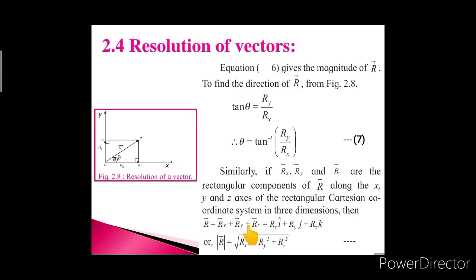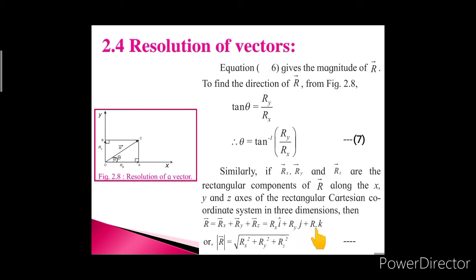So, we have to take rx vector as product of magnitude of the rx vector into its unit vector along the x axis, which is I cap. So, it becomes rx into I cap, where rx is the magnitude of the vector rx, and ry vector is to be written as ry into j cap there, where the ry is the magnitude of the vector ry and j cap is the direction along the y axis.